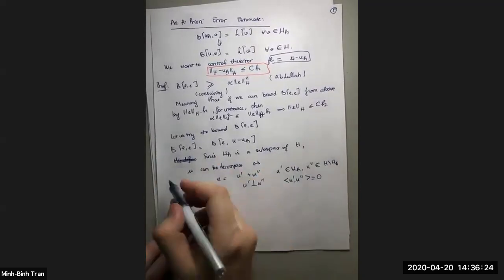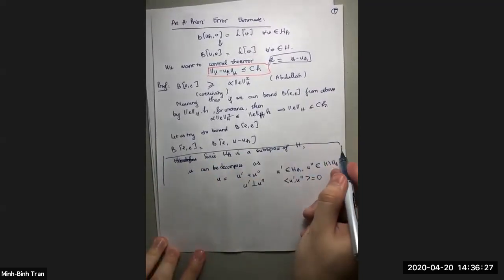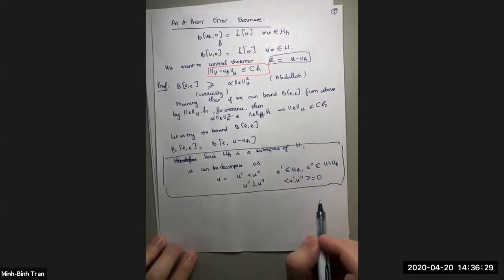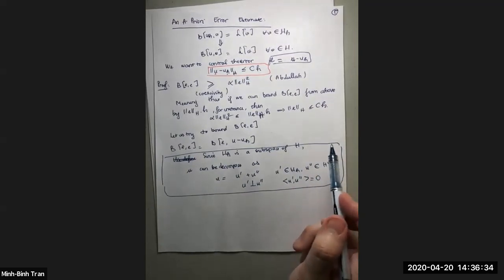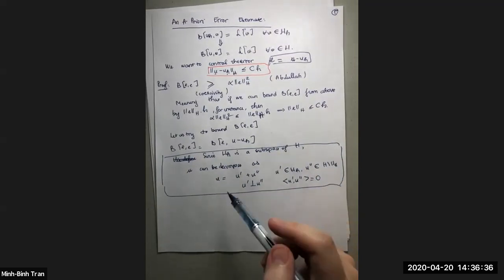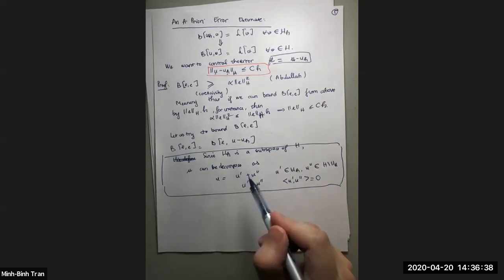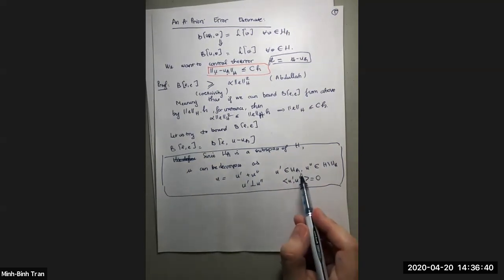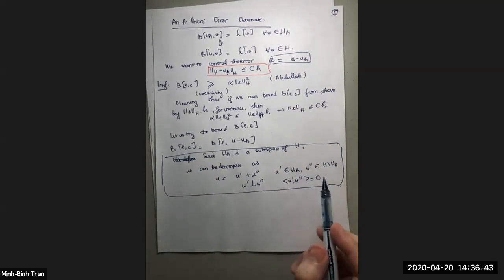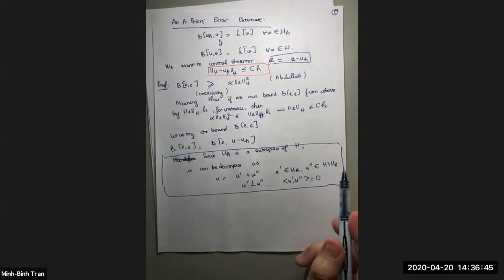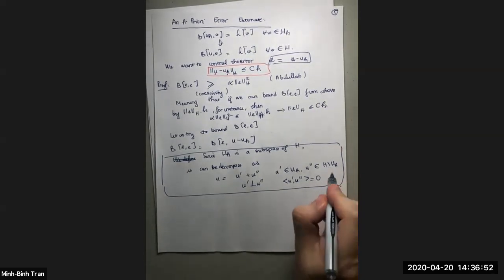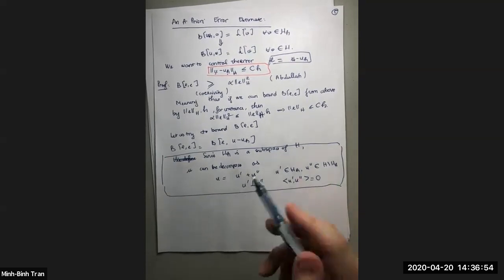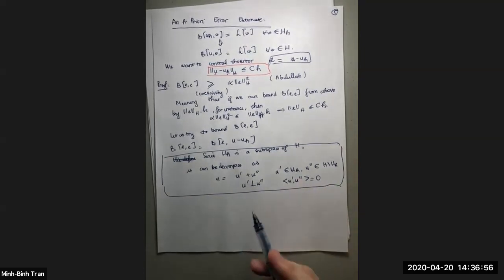So there is one thing that I can observe, which is the following. Because this HS is a subspace of this space H, U can be decomposed as U prime, which is in HS, and U second, which is in the space H minus the space HS, in which U prime and U second are orthogonal, right?